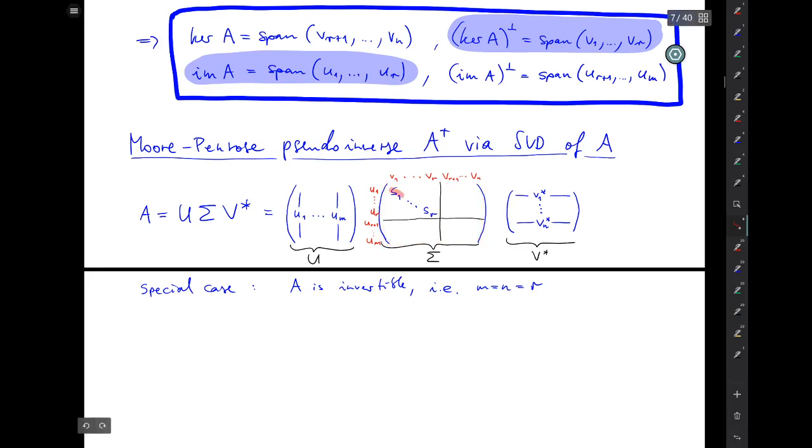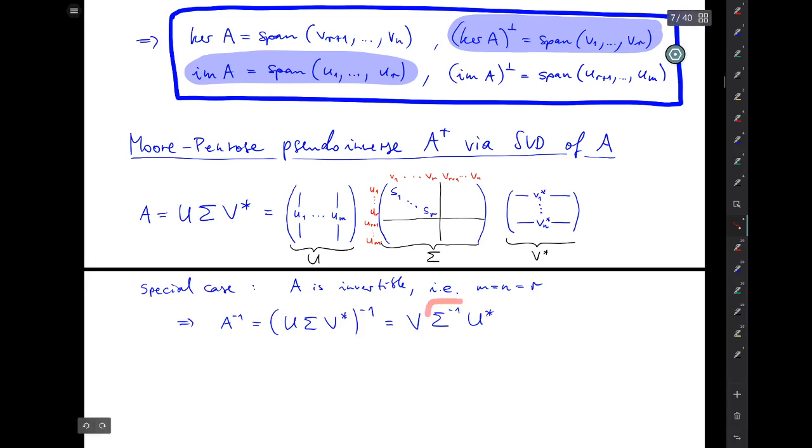The singular values will run down the main diagonal, ending up in the opposite corner, and all of them will be non-zero because the rank equals the size of the matrix, which means sigma is invertible, and we can simply write down the inverse of A using this factorization here. And remember that the inverse of a product is just the product of the inverses, but in reversed order, where we use that V star is already the inverse of V and U star is the inverse of U.